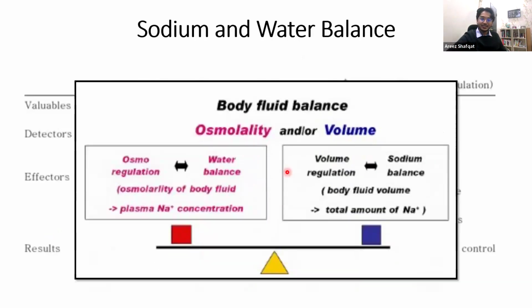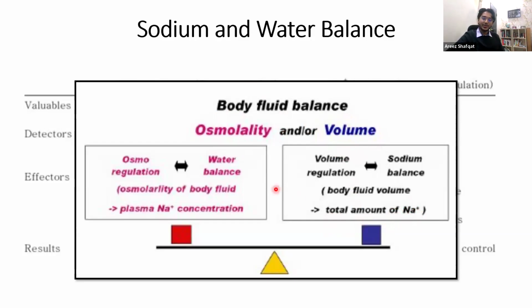Okay, and this brings us to an important point, which is that your body fluids are basically regulated in two ways. One is blood volume and one is blood osmolality, okay? Blood volume is determined by the amount of sodium in the body. So the more sodium you have, the more volume you will have. The total amount of sodium in the body is controlled by the renin-angiotensin-aldosterone system.